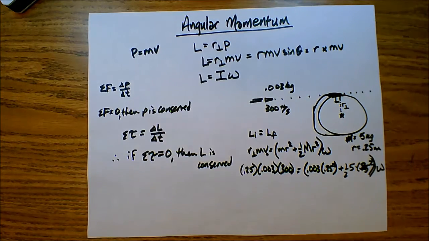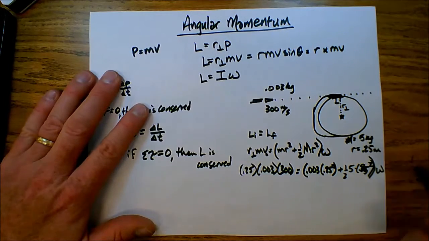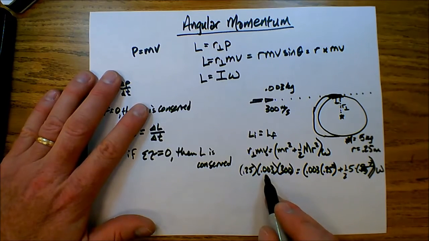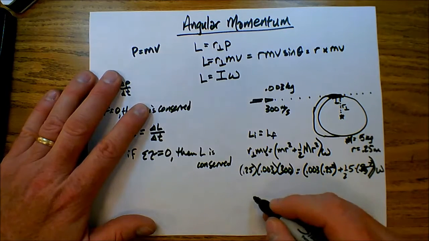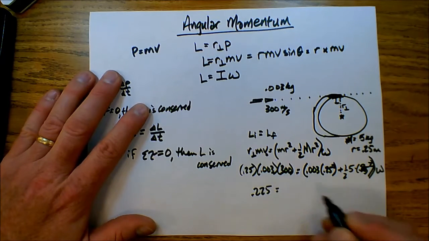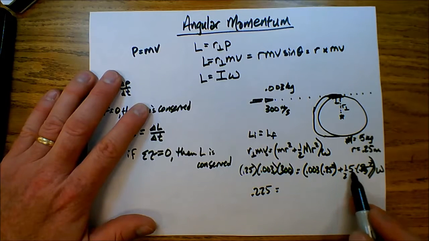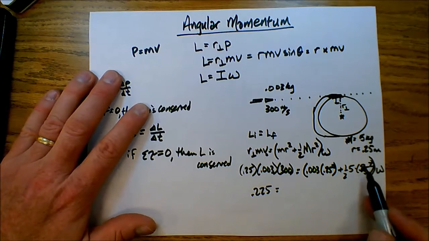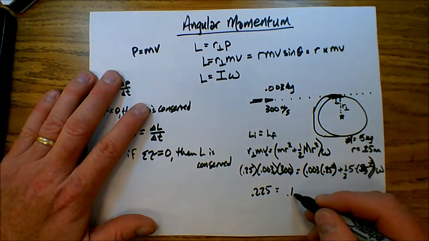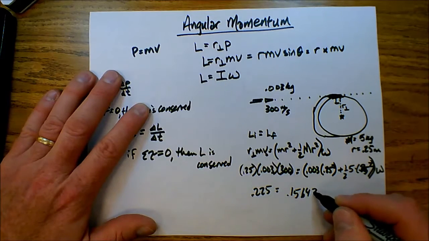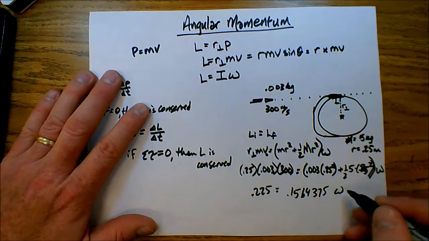So let's pull out a calculator and do some quick calculations here. Alright, so on the left side, 0.25 times 0.003 times 300, I get 0.225. On the right side, 0.003 times 0.25 squared plus 0.5 times 5 times 0.25 squared, I get 0.1564375, and that's times omega then.